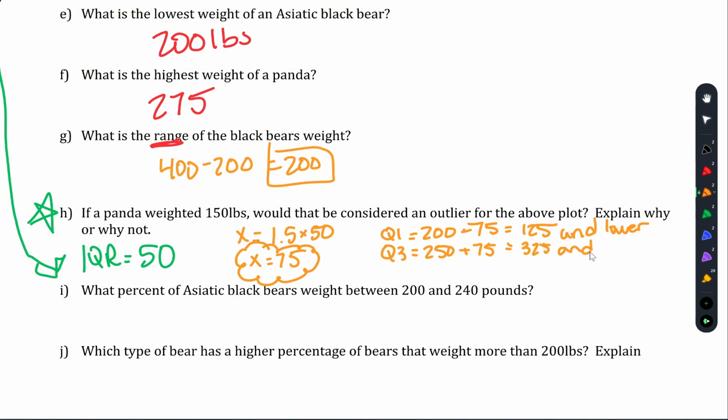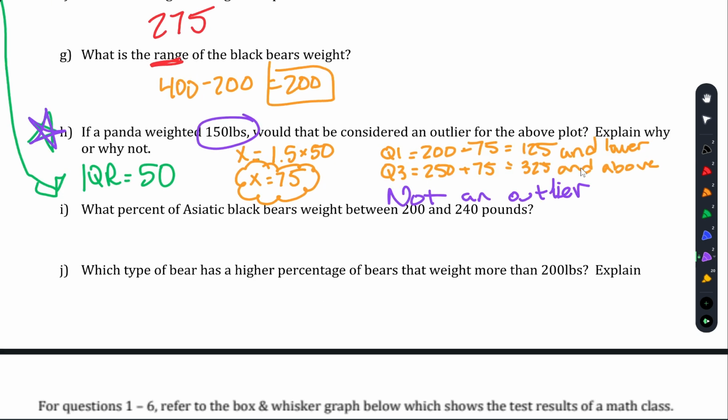So anything 325 and above is an outlier. So to answer my question, if a panda weighed 150 pounds, would we consider that an outlier? No. Does that kind of make sense? Any questions on that? Again, I would star this one because that is definitely one of the harder ones on this page. All right, 2 more.